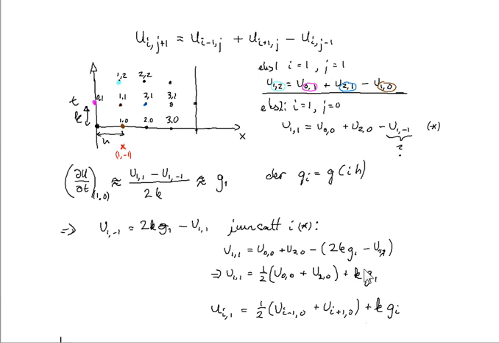It will be exactly as above, only that the first coordinate here is replaced by i minus 1. So this equation can be used for all these points. So when we know the value in all these points, we just use this equation for the next row in order to find the unknowns there. So then we have solved the problem. We are going to give an example where we use this method very soon.